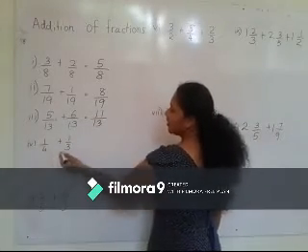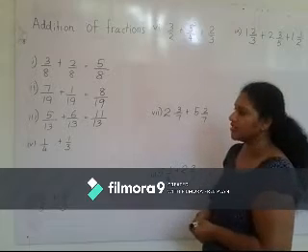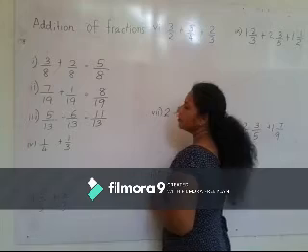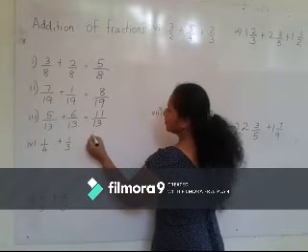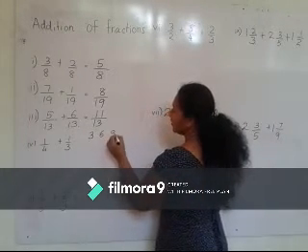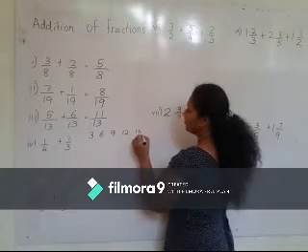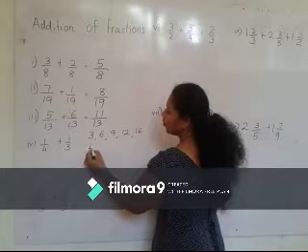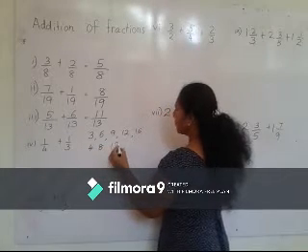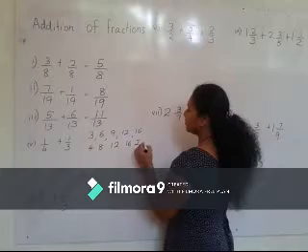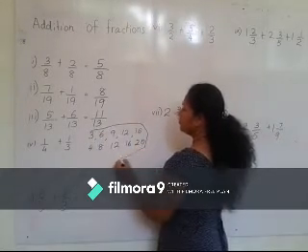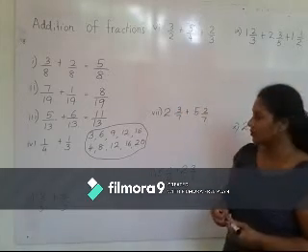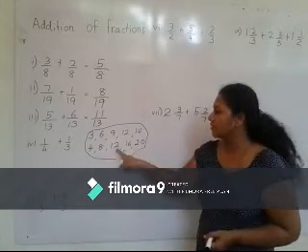Now the denominators are different, so we have to make them into the same number. Now we will say the multiplication tables. The 3 times table: 3, 6, 9, 12, 15. And the 4 times table: 4, 8, 12, 16, 20. Then, is there any common number? Yes, 12 is the common number.